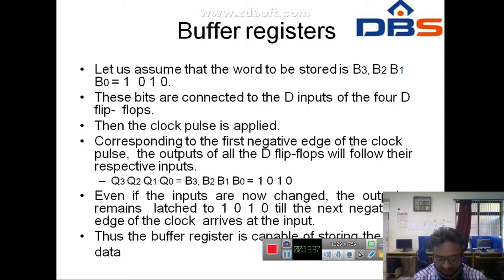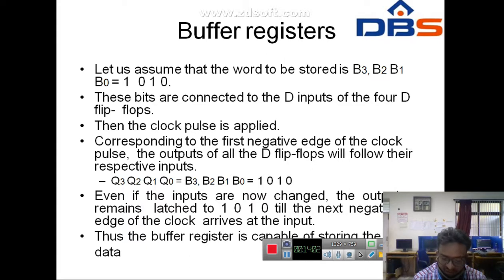We can consider the single flip-flop as a storage element. We already know the D type, that is delay type, flip-flop operation. That delay type flip-flop has one input and a clock signal, and if the clock signal is high, Q will be set.